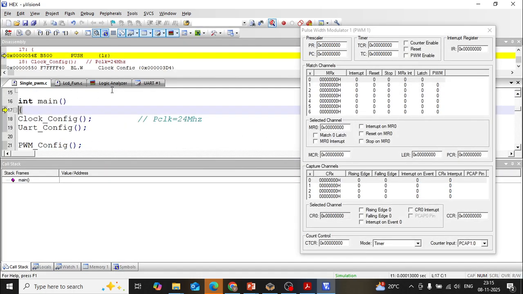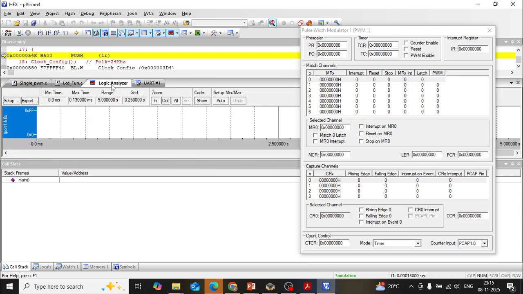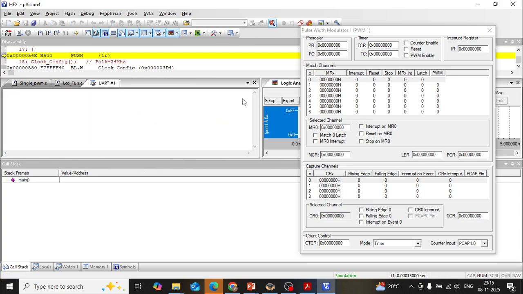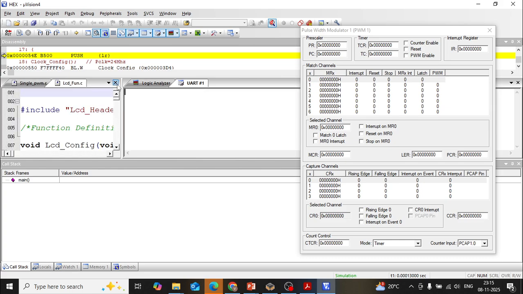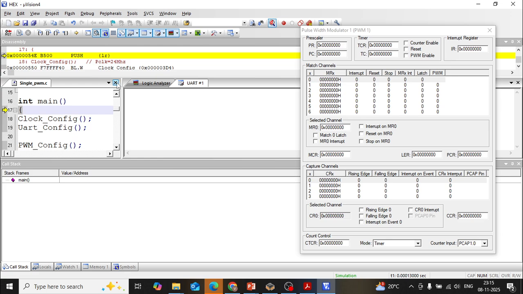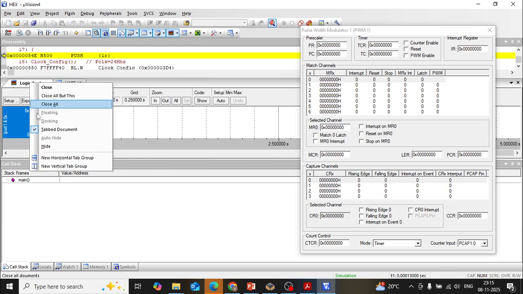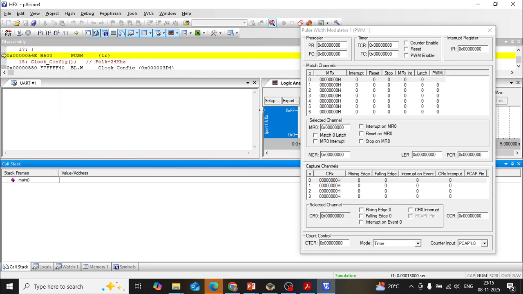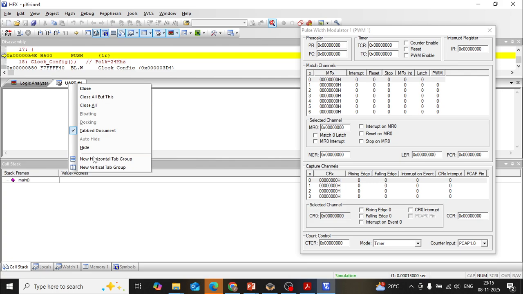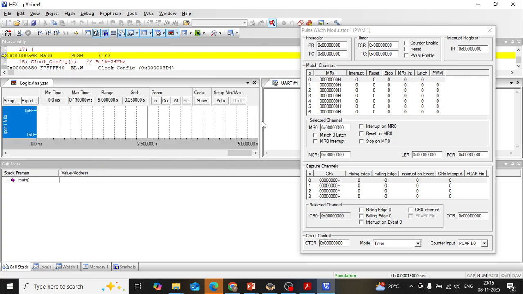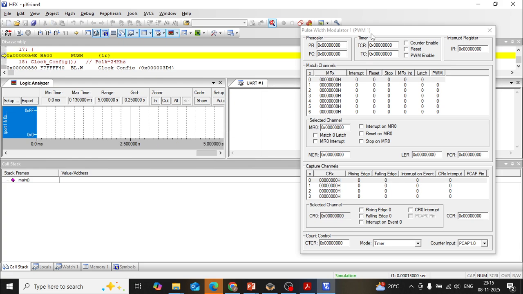Okay, so this is your logic analyzer, and I'll just keep it in a vertical mode. I have already configured this, and this is your UART.